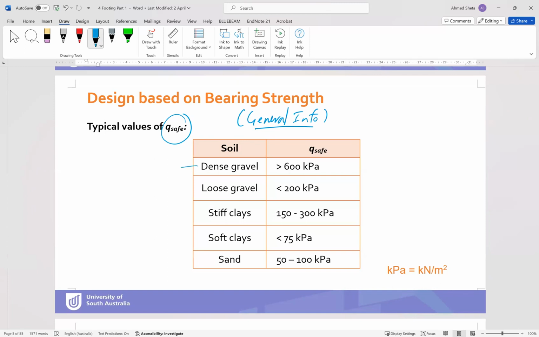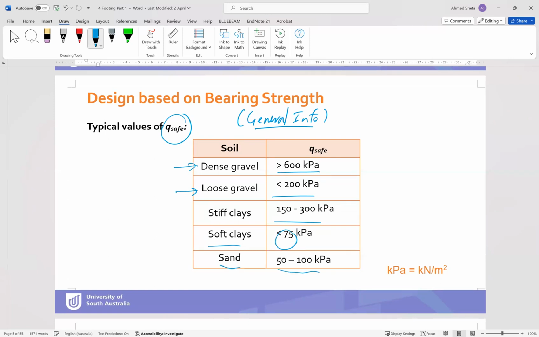For example, dense gravel Q safe is more than 600 kPa, loose gravel less than 200 kPa, clay between 150 to 300 kPa, soft clay less than 25 kPa, sand from 50 to 100 kPa, where kPa is equivalent to kilonewton per square meter.